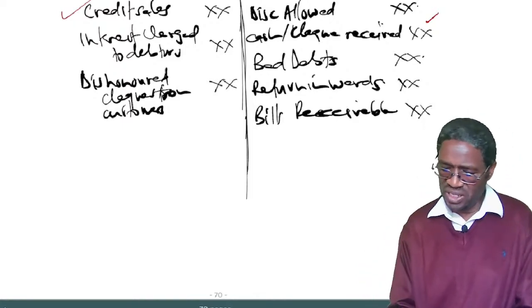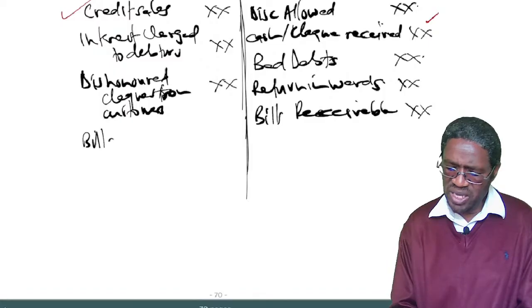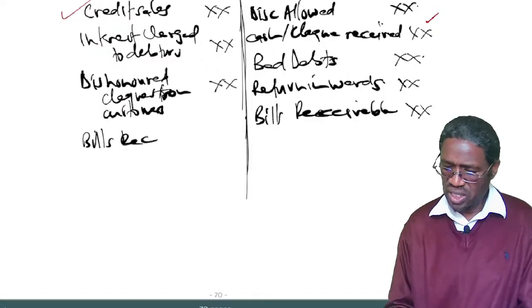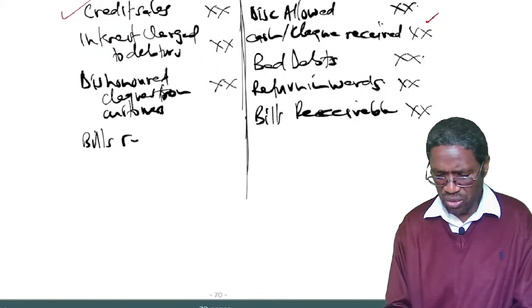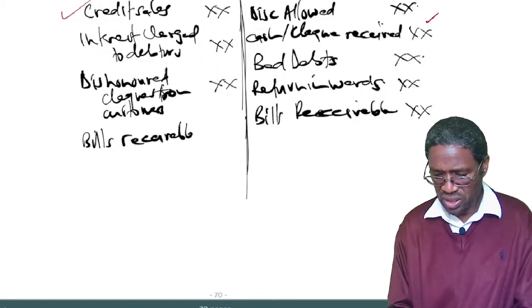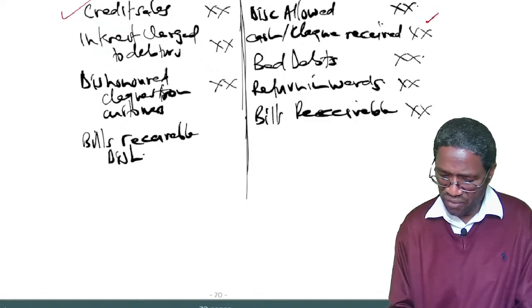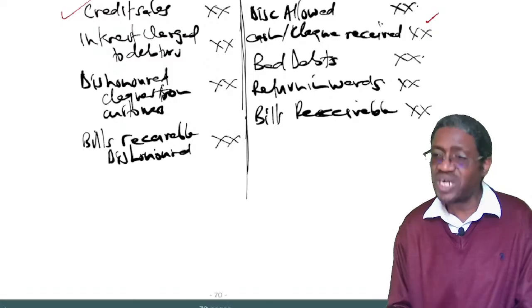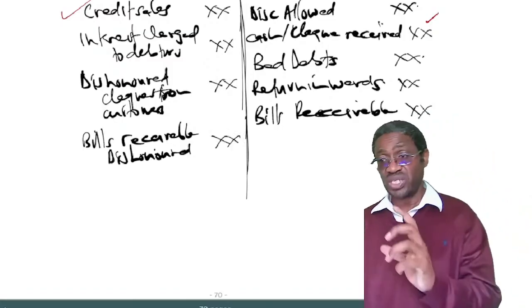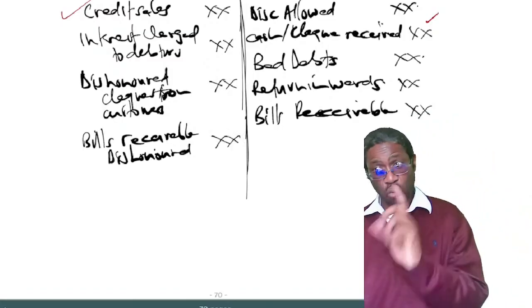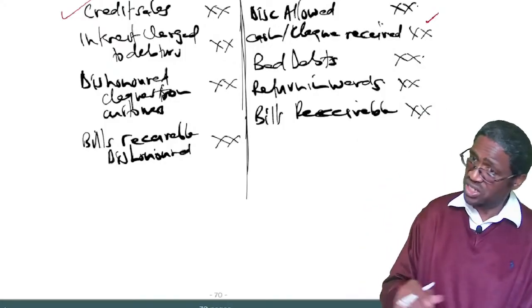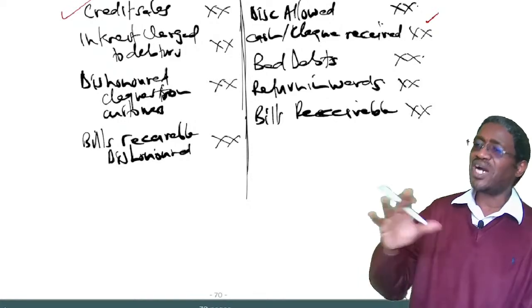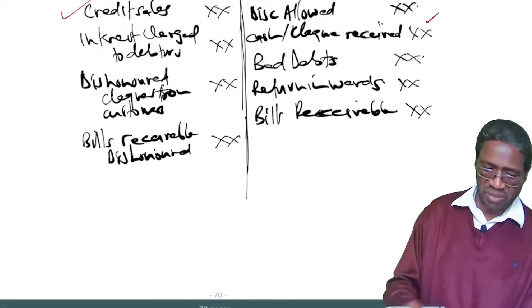How? By debiting now. So any bills receivable which are dishonored, you have to debit the debtor's account. Why? Because you credited debtors when you received it. Okay? I hope you have understood that concept. So now that it has become dishonored, it can't be honored, you cancel the credit you made by debiting. Good.